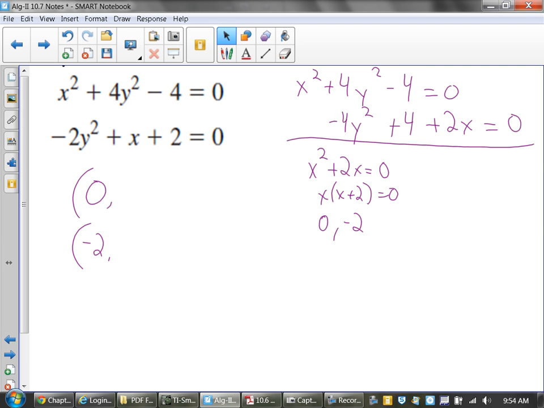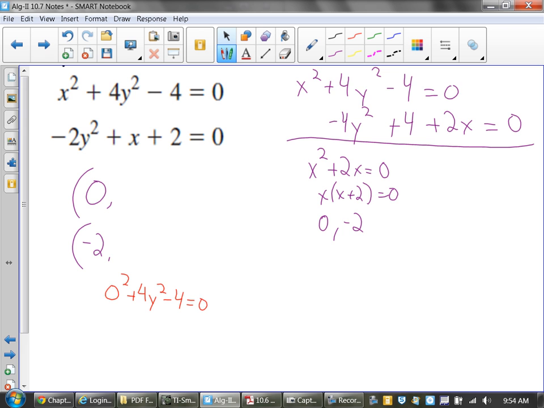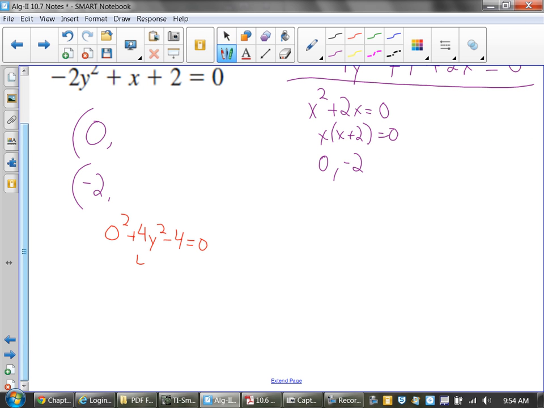And at this point, all you have to do is just go back and substitute in. Does it matter which of the two equations you use to substitute in? Not at all. I'll just use the top one. So when I substitute back in, I have 0 squared plus 4y squared minus 4 is 0. 4y squared is 4. Y squared is 1.